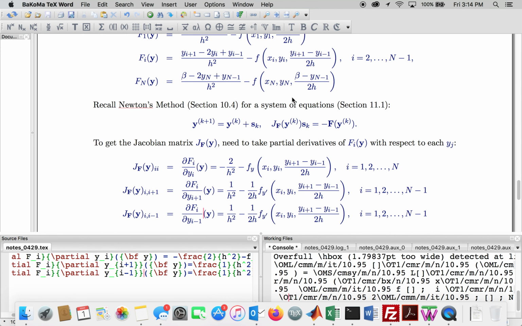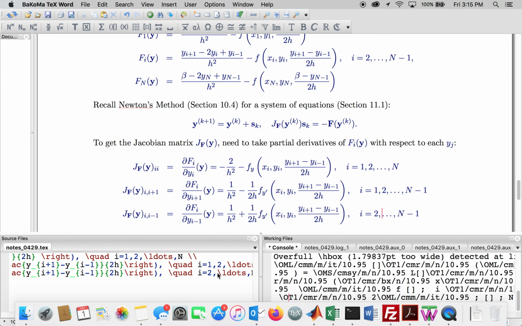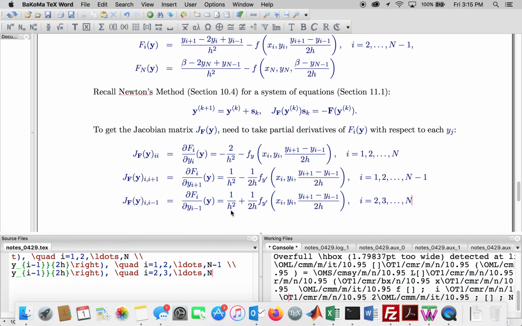And then we have over here, yi minus 1 is multiplied by minus 1 over 2h. So that's going to change this sign to a plus. And that's the end of that formula. We just have to be careful about our indexing. It starts from 2 up to n, where we index i minus 1 would actually make sense to refer to a variable. So here's how we fill in the entries of a Jacobian matrix, which turns out to be tridiagonal.